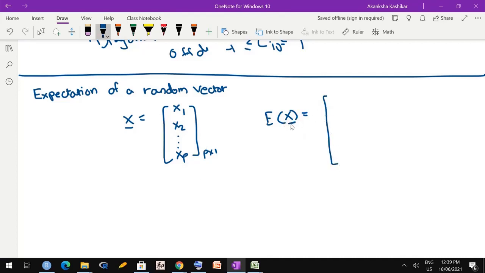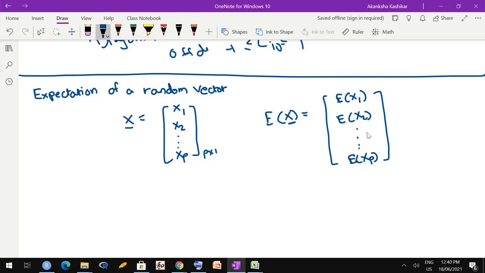I would define expectation of a vector x as a vector which is prepared by taking expected x1, expected x2 up to expected xp. So expectation of a random vector is a vector of expectations of the components.